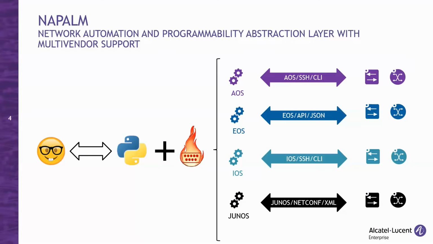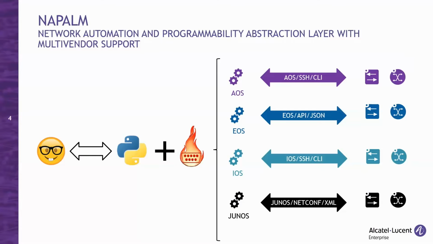And this abstraction allows the network engineer, or shall we say network programmer, to write code implementing automation functions and use exactly the same code no matter what the vendor's operating system is, because Napalm will just simply use the right driver according to the required OS, and those differences, let's say, between AOS, EOS, iOS, Junos, etc. are abstracted.